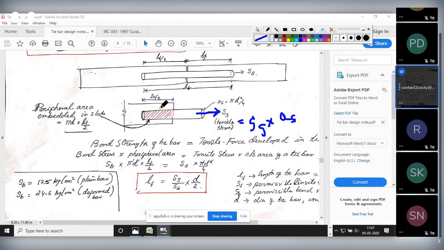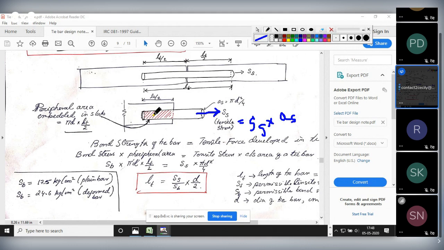Now what do you mean by circumferential surface? How will we calculate that area? Bond strength is again equal to what? Stress into area. This is also a force. Bond strength is also a force, so that force is equal to stress into area. Now here we are calculating bond strength, so bond strength is equal to bond stress into the area where that bonding is acting.